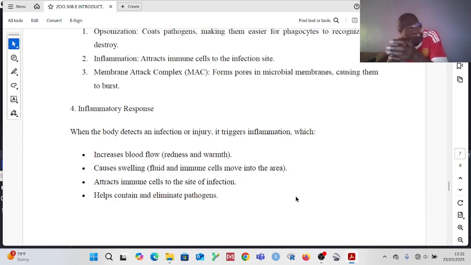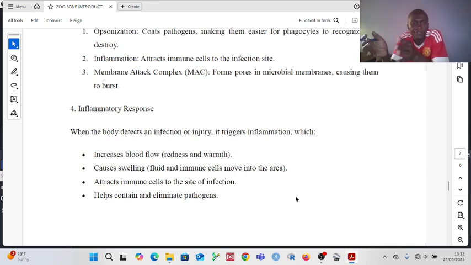The immune cells that have been brought in to that place of infection, that is where the infection has been introduced into your body. So the immune cells come in kujaribu kuharibu your infection. That's why it's like that is the gate that now the infection has gotten into your body.